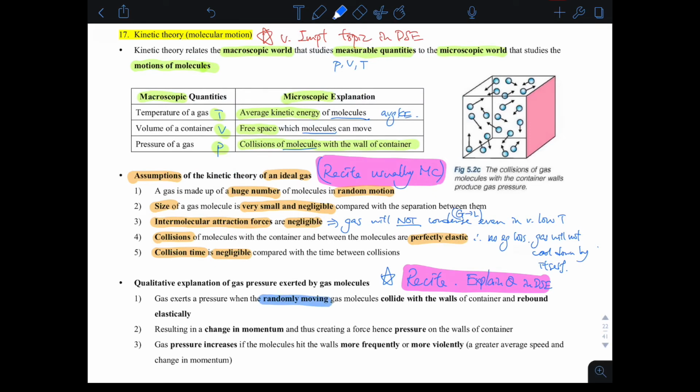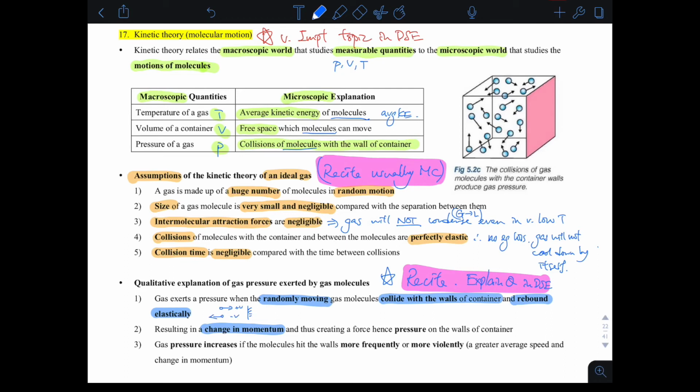We will start with: the molecules are moving randomly, and then they will be colliding with the walls of the container and rebound elastically. If we have an elastic rebound, there will be a change in momentum, because originally it is moving with positive v.